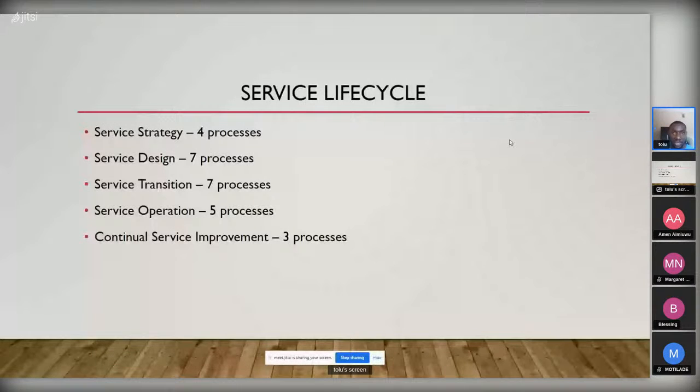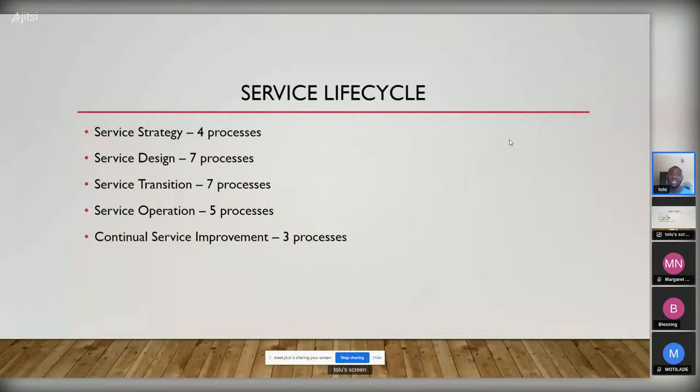As I already said, service strategy is where you give an overview: this is what we want the service to do, this is what the service has to offer, these are the needs the service has to meet, these are the consumer constraints given for that service, these are the people in charge that are going to do it, and these are the resources we have available. These are our capacities and capabilities. Those things are talked about in depth in the service strategy.